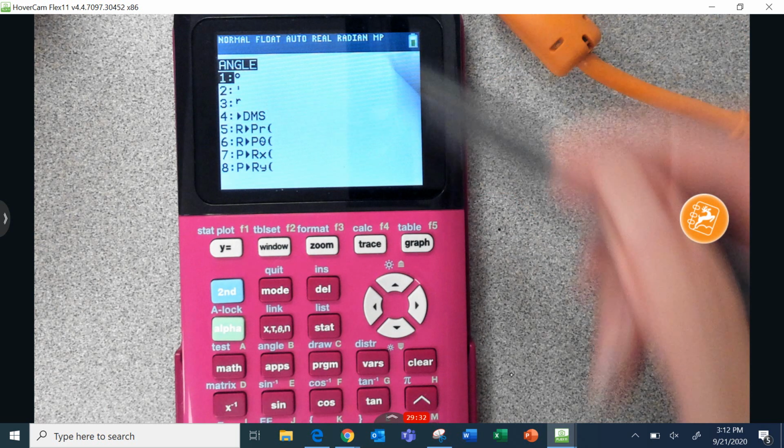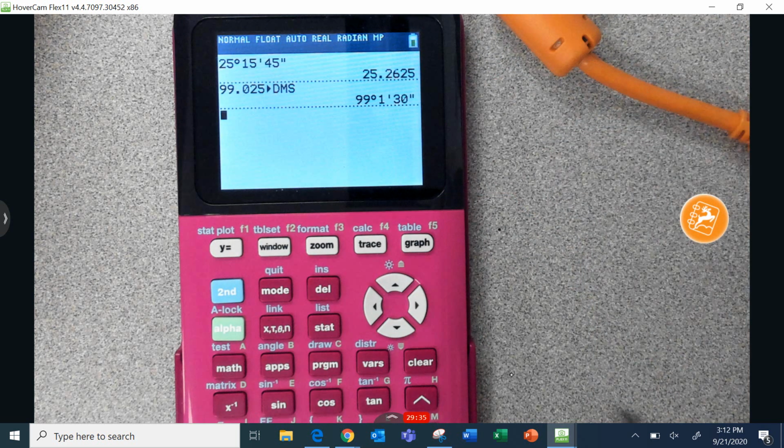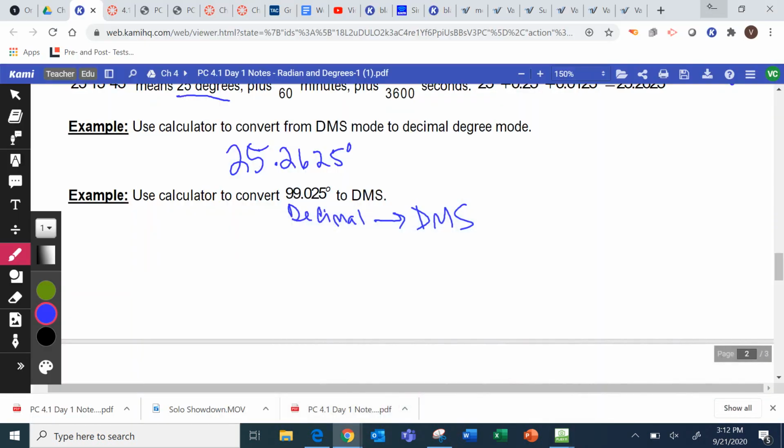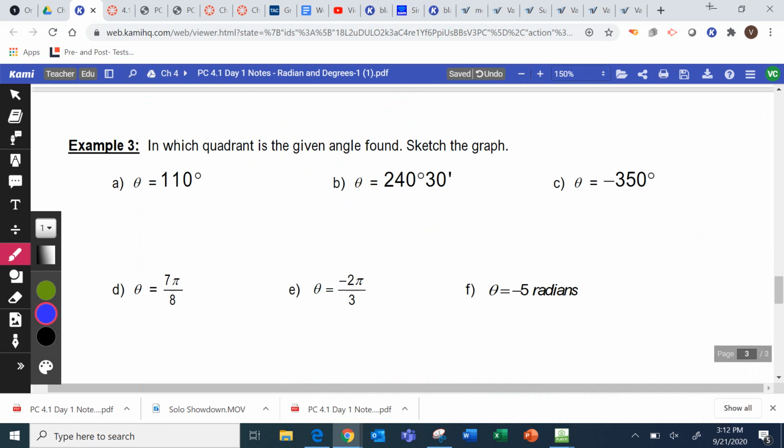So 4 and then to 99 degrees, 1 minute, 30 seconds. So you need to know.